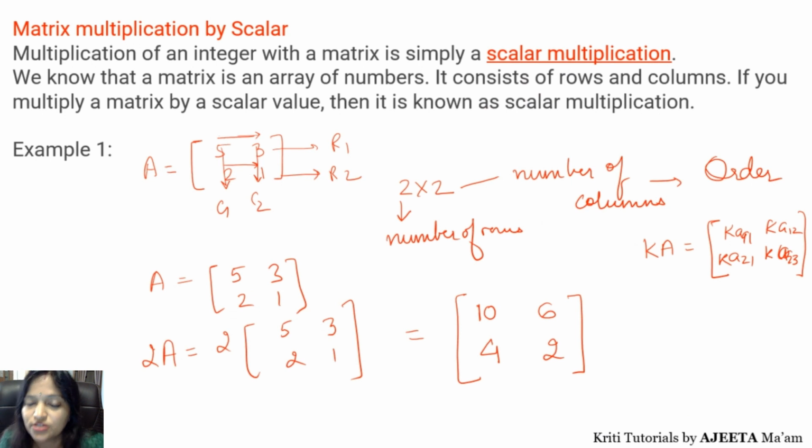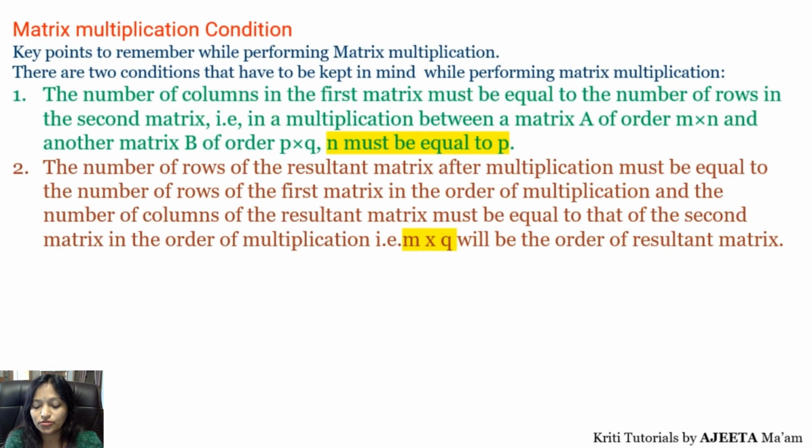Scalar multiplication is independent of order, it is independent of anything. Whether you have negative or all elements positive, it's any number k that you are multiplying, then every element will be multiplied by that number, correct? So that is scalar multiplication. So kA का क्या मतलब है? That is we are multiplying each and every element by k, by the scalar k. Okay, so that is what this is.